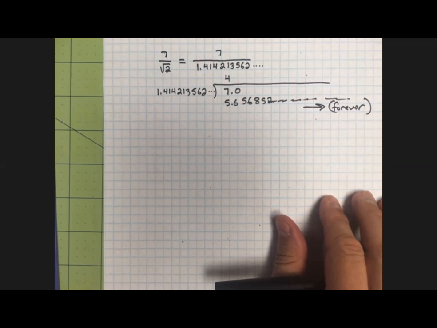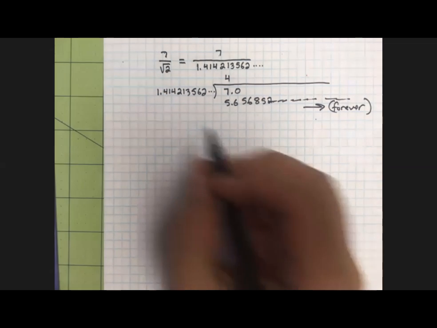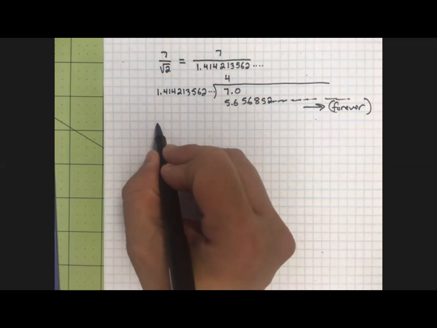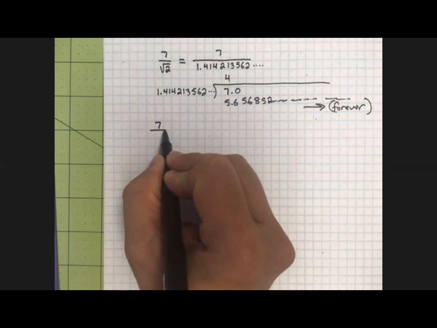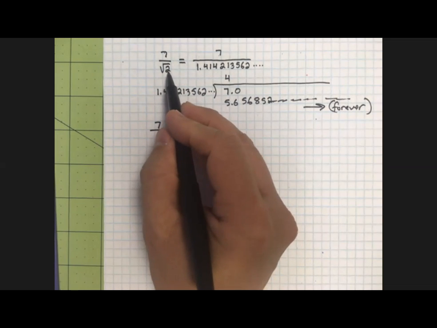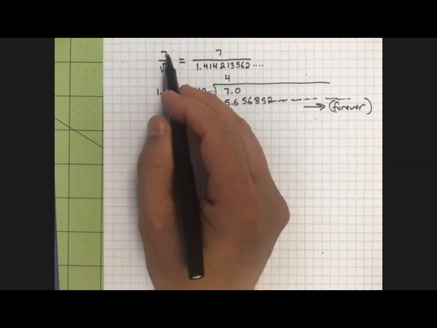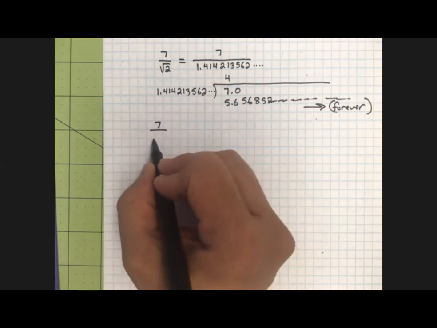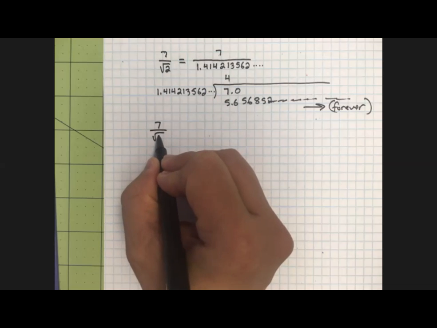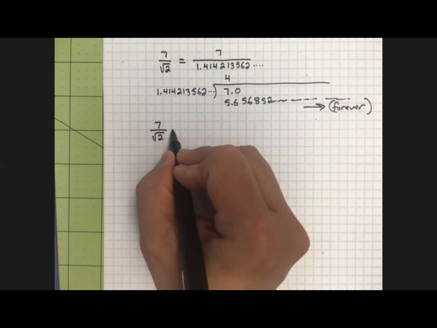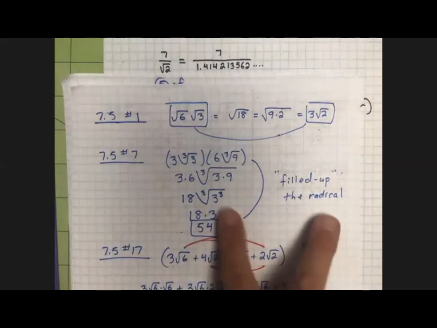On the other hand, if I do a very silly trick, I can move this radical from the denominator to the numerator. In the numerator, I'm not so scared of it. Let's do what we just did on that previous problem where we filled up the radical.